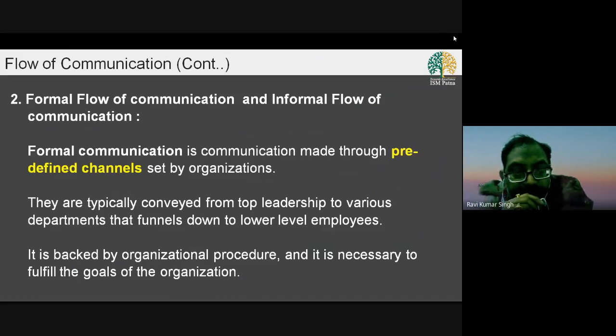They are typically conveyed from top leadership to various departments, which further funnels down to lower level employees. There may be instructions, notices, memos. All these formal or official communications are based on procedures, and this kind of communication is made to achieve the goal of the organization.